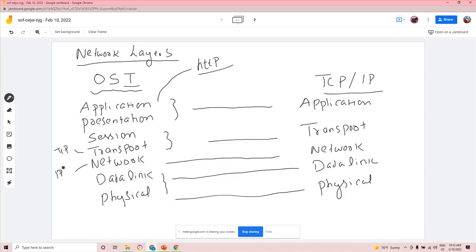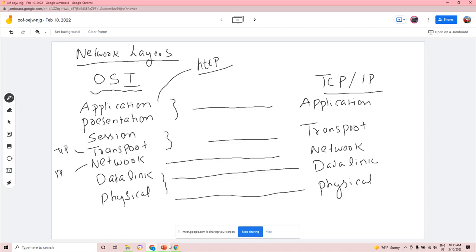The IP protocol does the function of the network layer, so it routes the packets across different networks and takes the packets to the destination system. The HTTP protocol does the functions required for web applications, web traffic. So please understand that each protocol does different functions.